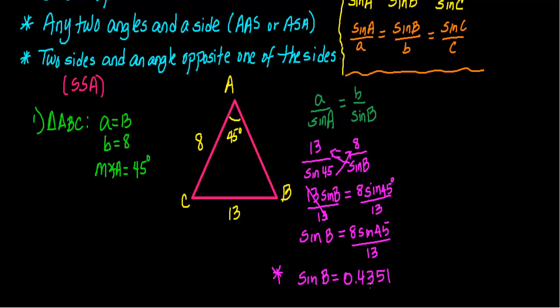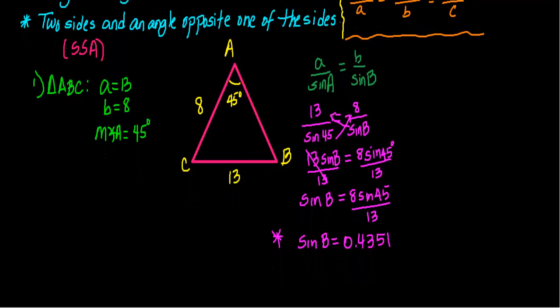In this case, I stop and check. Is the sine of this angle greater than 1? It's not. It's less than 1. That means this is okay. Now remember, sine of B has to be in between -1 and 1, and this number is between -1 and 1. So we are okay. That tells me that this triangle will exist.